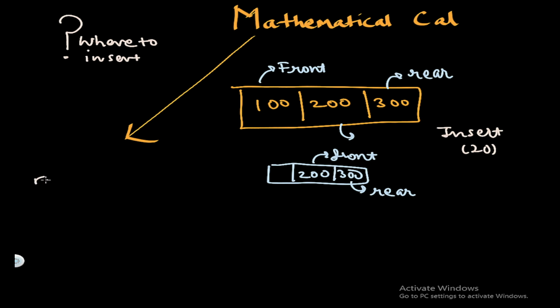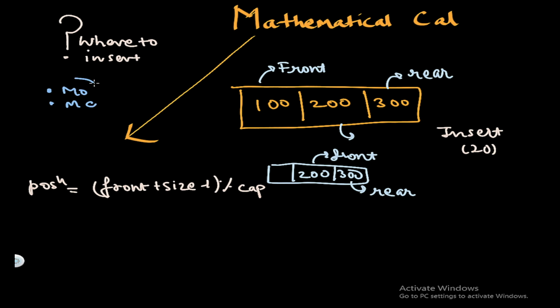Let us think like this: my position is equal to front plus size minus 1 modulo capacity. This is the main crux. The main crux was, first of all, the movable pointer, and now we have a mathematical calculation. So this is the crux.